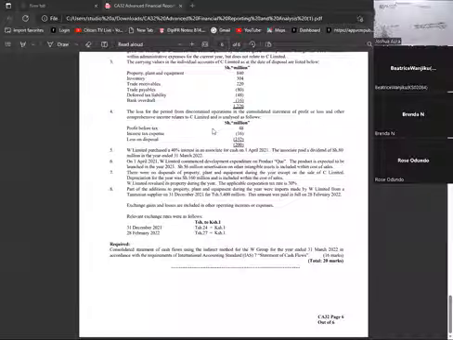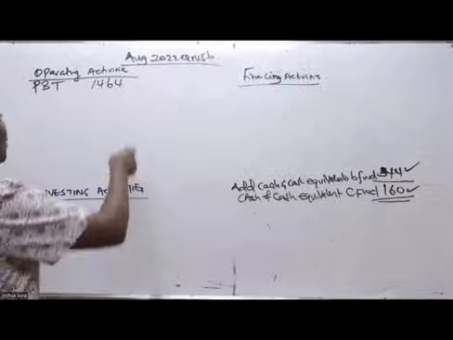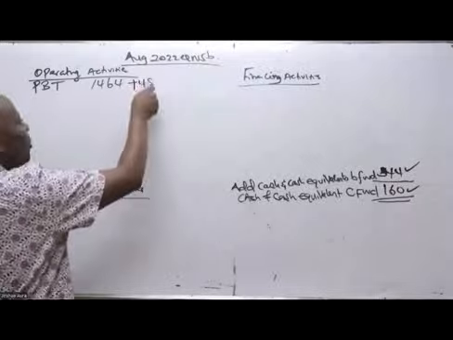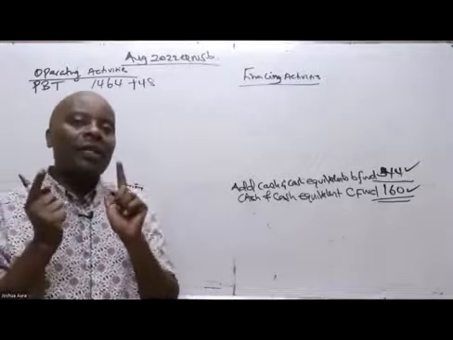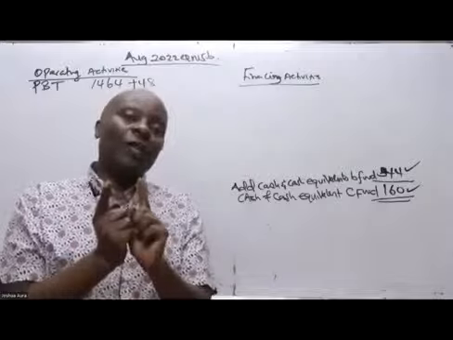So I'm interested in the profit before tax of the discontinued operation. I will take this 1464 and add this 48, the PBT of the discontinued operation. Ladies and gentlemen, remember what we are saying is that we are looking for the profit before tax for the entire group for the year.